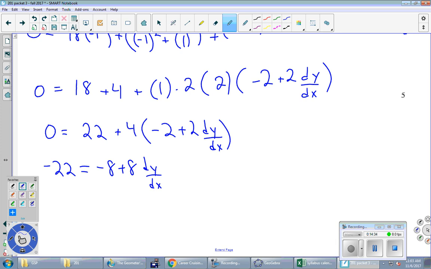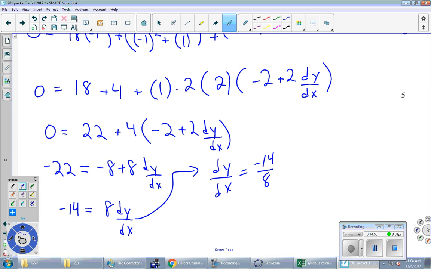Again, trying to get the dy/dx by itself, so what goes next? Add the 8 to both sides. So we get negative 14 equals 8 dy/dx. Then divide both sides by 8. So dy/dx equals negative 14 over 8, negative 7 over 4.